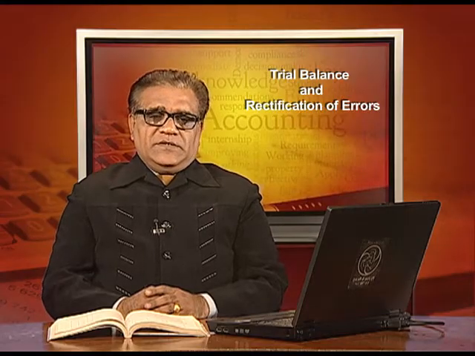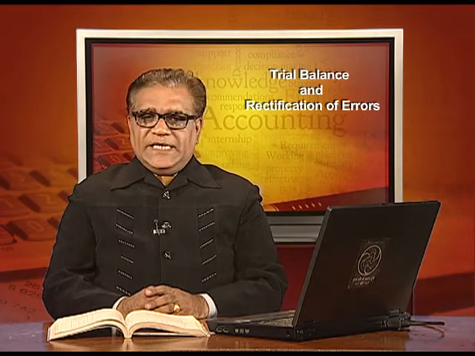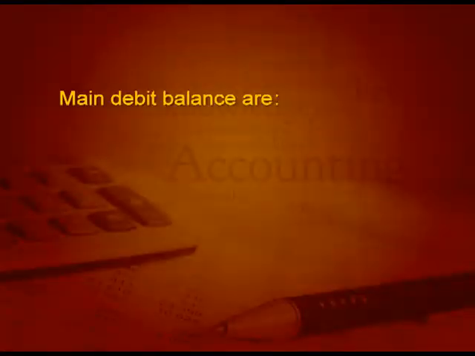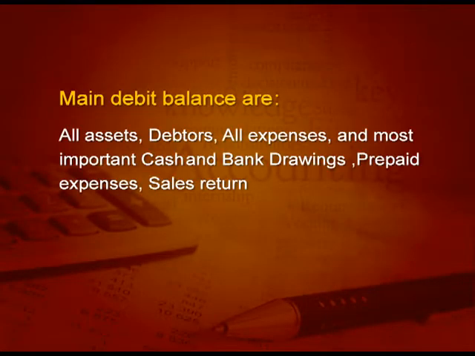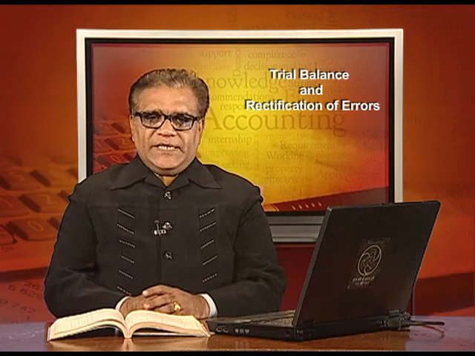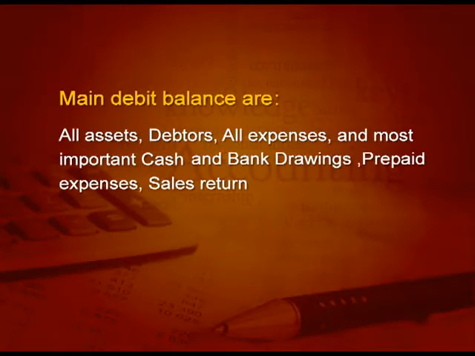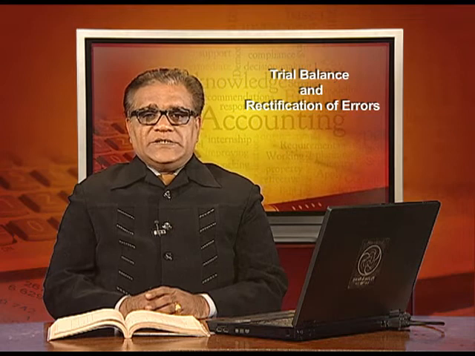Let us first see what are the main debit balance and credit balance. The main debit balance are all the assets like plant, machinery, building, etc., and debtors, all expenses, and the most important, cash and bank balance, which is not there in the ledger, but it is in the cash book.